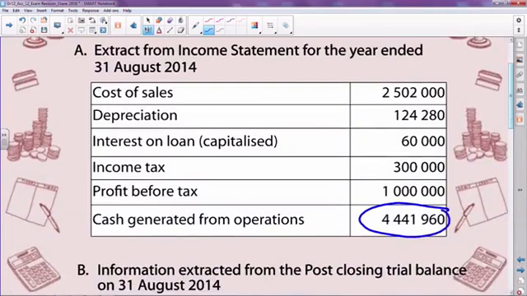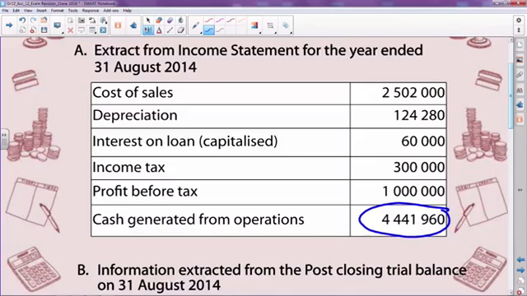Generally, you are expected to work out this figure. How would you calculate your cash generated from operations? Remember, you would start off with your net profit before taxation. You'd add back your depreciation, you'd add back your interest that has been paid. Those two items are added back.